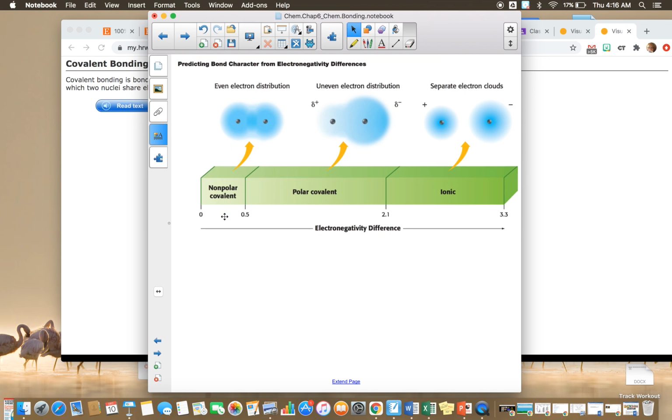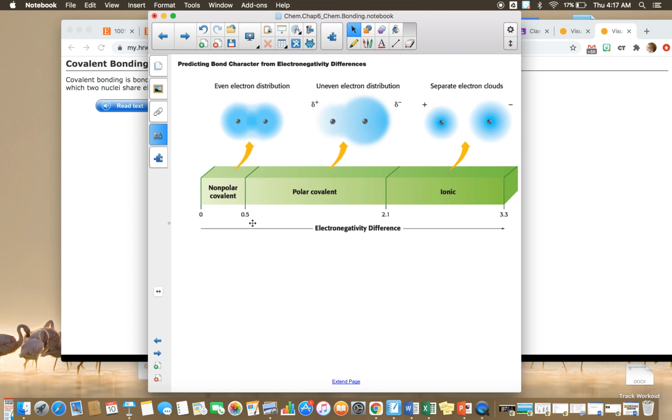So here are the electronegativity values. When you look at the values of the atoms involved in the bond, you'll subtract them and look at the difference. If you have a difference of 0.5 and below, we call it a nonpolar covalent bond, where there's even electron distribution.